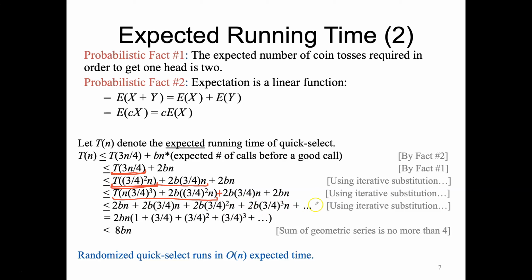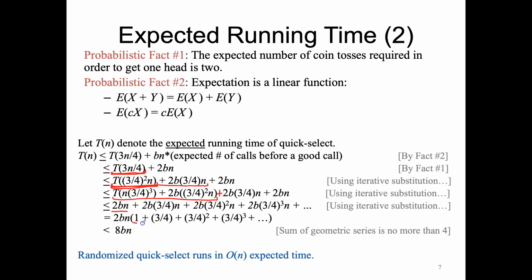From all of these terms, we can factor out the common 2 times b times n, and we're left with 1 plus 3/4 plus 3/4 squared plus 3/4 cubed, and if we were to keep applying this, we would continue to have increasing powers of 3/4.